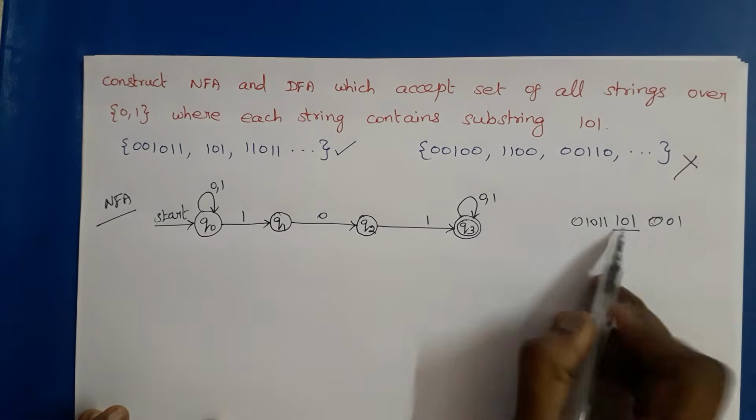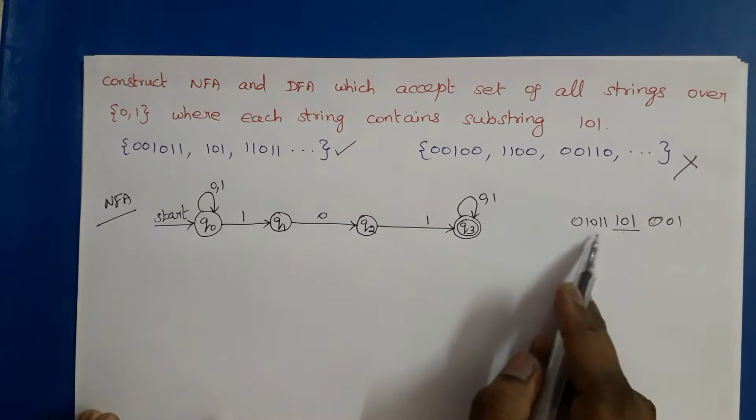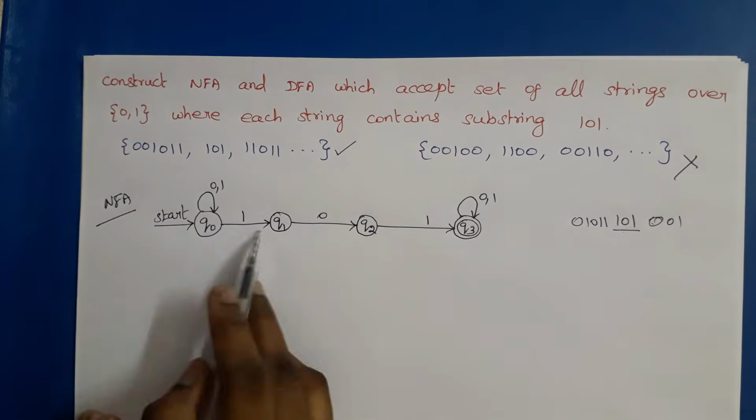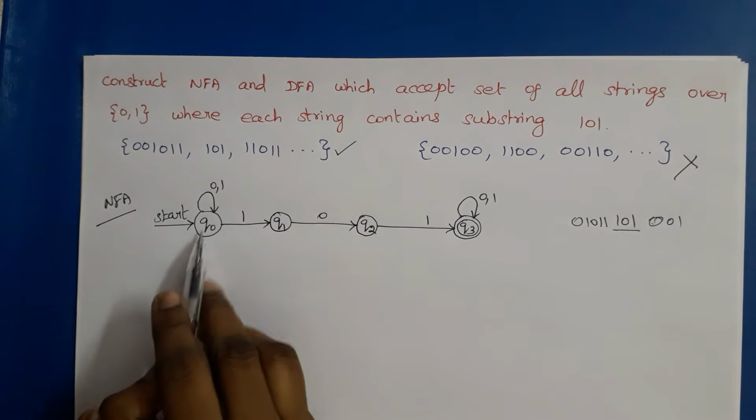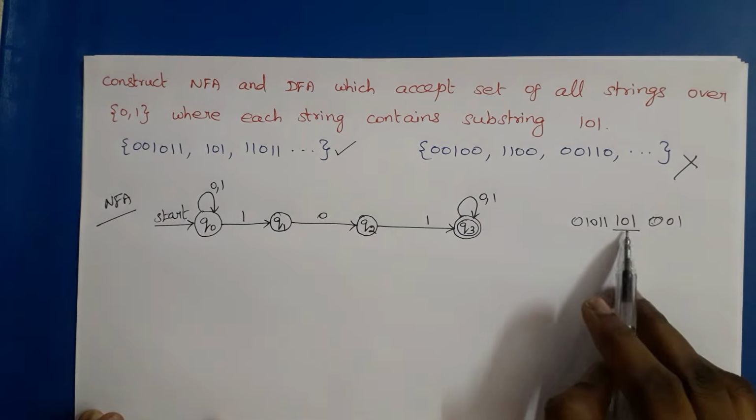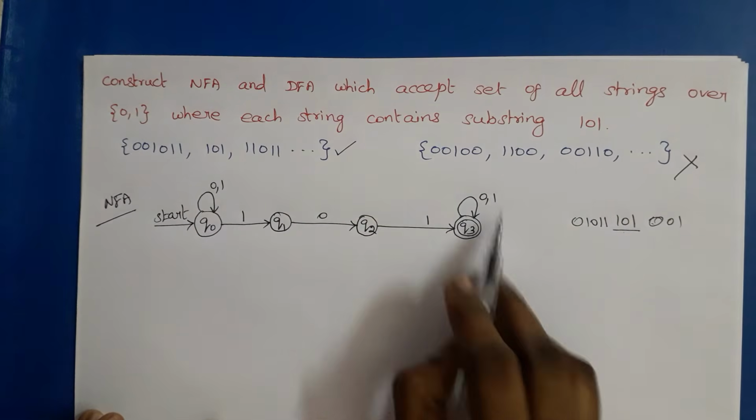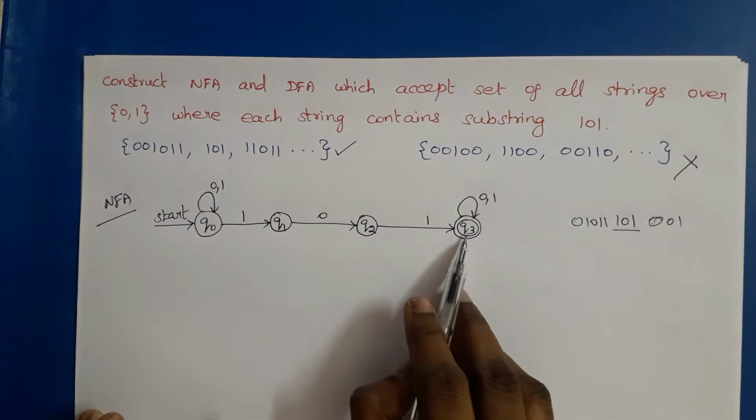So it is represented in the NFA like this. A self transition is made for the start state Q0, and this 101 can be followed by any number of zeros and ones, so it can be drawn like that.